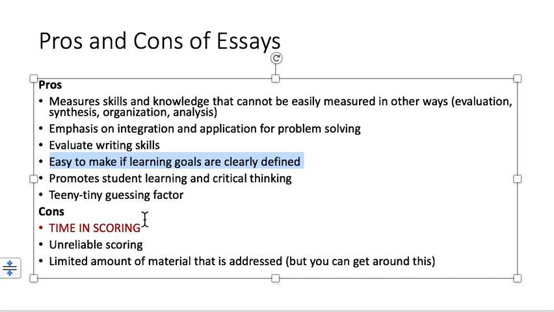If you have clearly defined learning goals, your essays will be pretty easy to make. And there's a really small guessing factor, but there's a kind of a big BS factor that gets us to the cons. Unreliable scoring. Sometimes it's hard to tell what a student really knows based on some rambling response where they may actually be expressing everything perfectly, but it's an example you've never heard of.